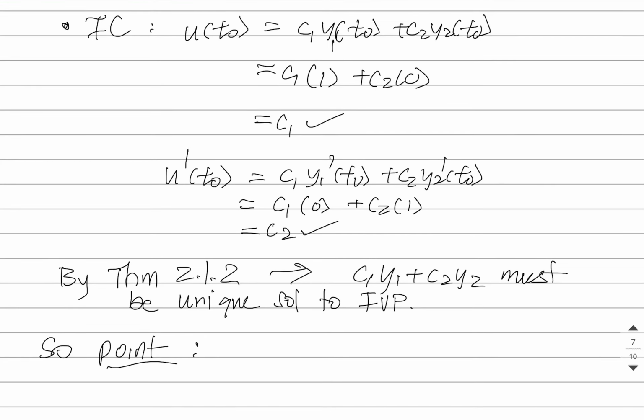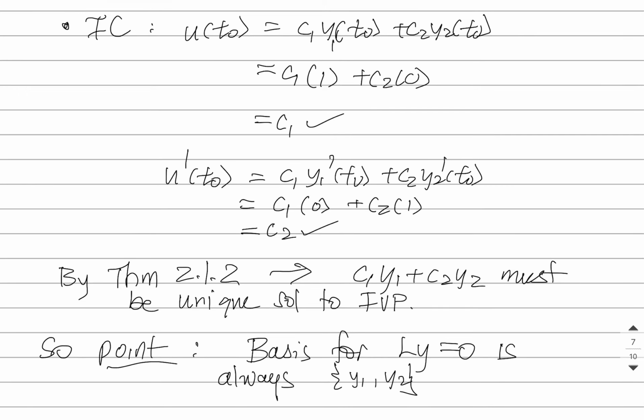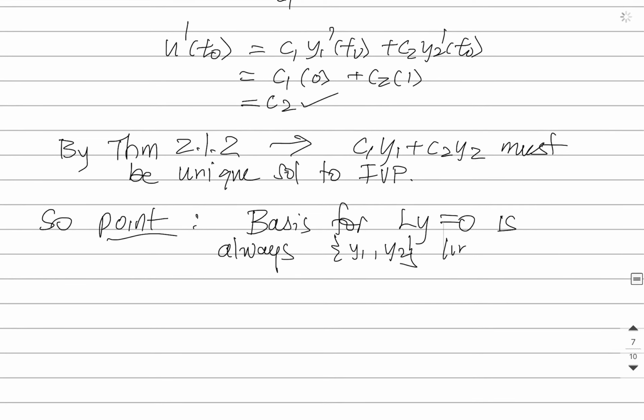The basis for Ly equals 0 is always these two linearly independent solutions. They're linearly independent, and then the general solution is always going to look like a linear combination of those two.